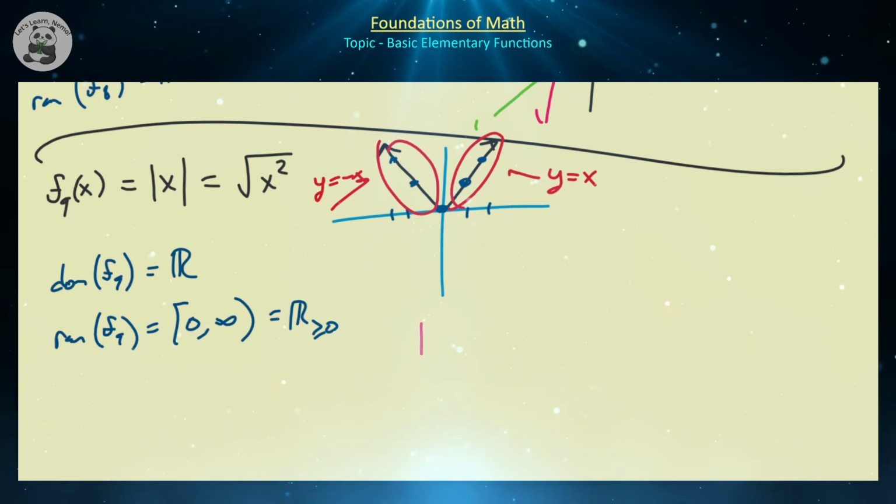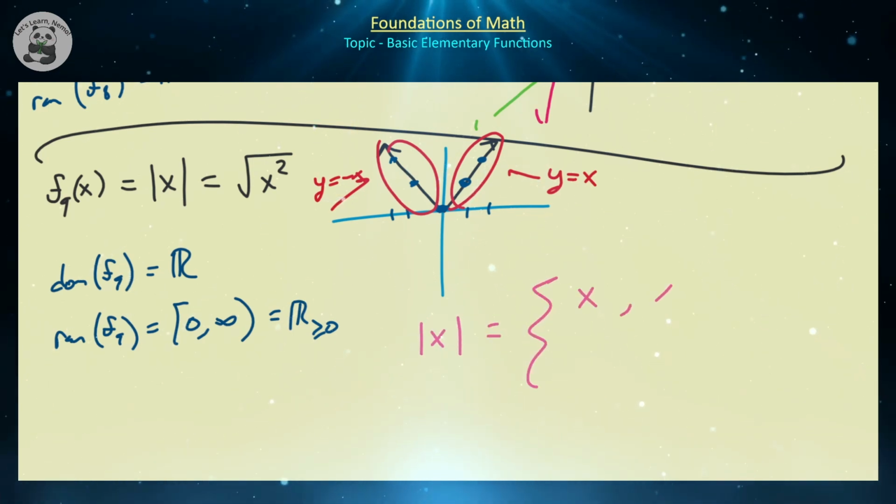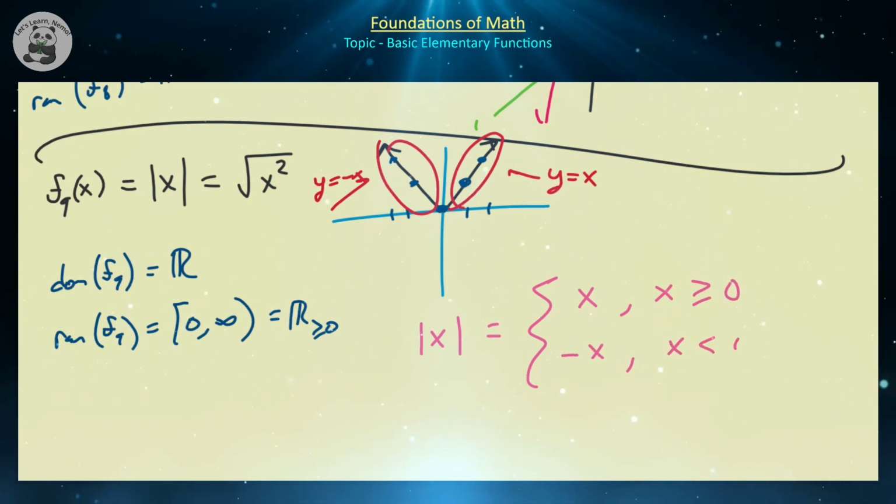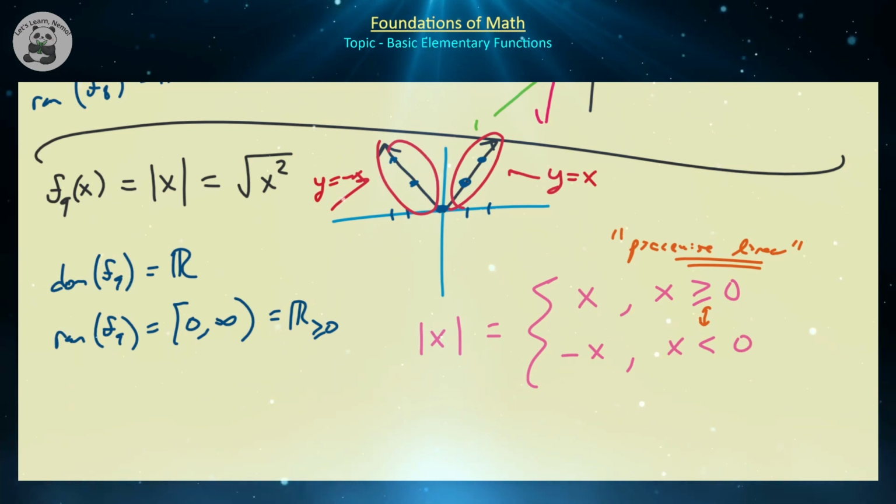So we can actually say that the absolute value of x is equal to x if x is greater than or equal to 0, or minus x if x is less than 0. You could interchange the greater than or equal to or less than or equal to on one of these pieces, and you'll still get the same exact graph. So this would be a piecewise linear representation of the absolute value function.